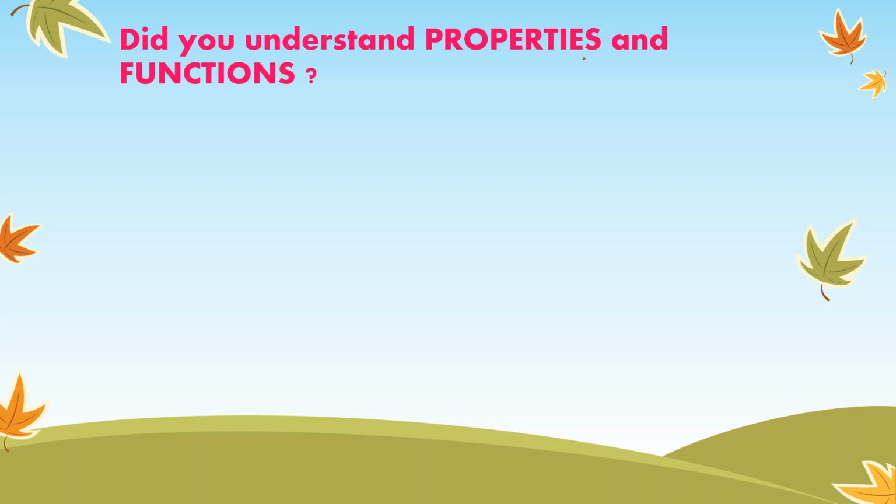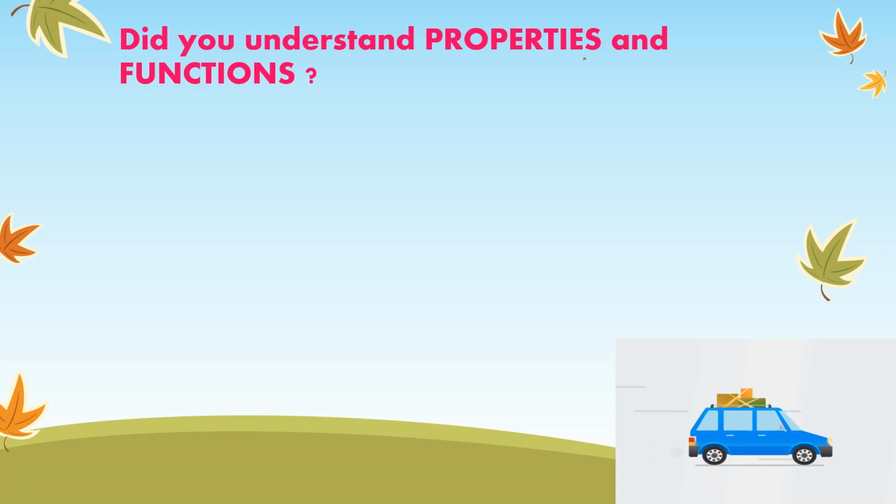You can tell me in the comments option, or you can just tell in your mind, whatever you wish. So the object is this car, the car that you can look at on the screen. What are its properties and what are its functions? I will give you 5 seconds to think, and then I will show you the answer.